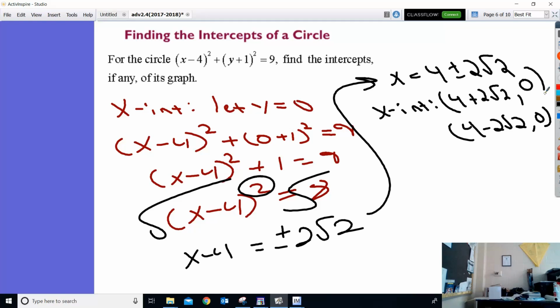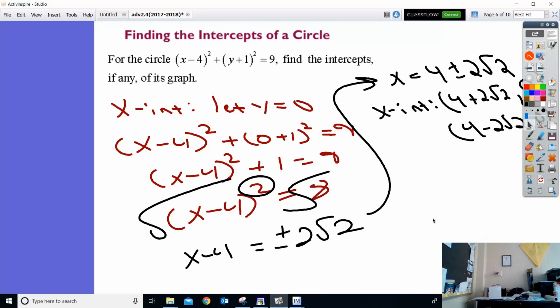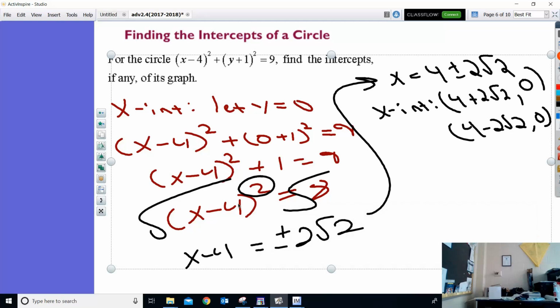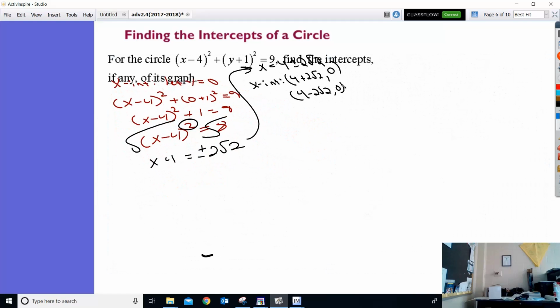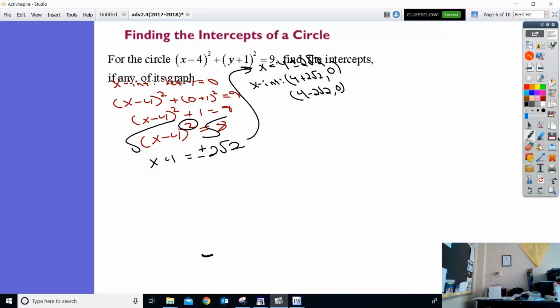All right, anybody any questions on that? All right, what's left to find? Y-intercepts. How do you find a y-intercept?